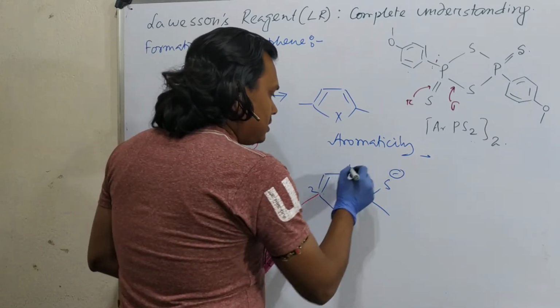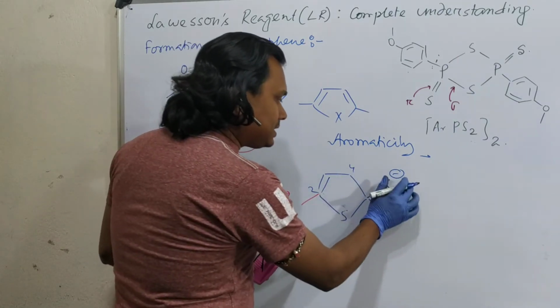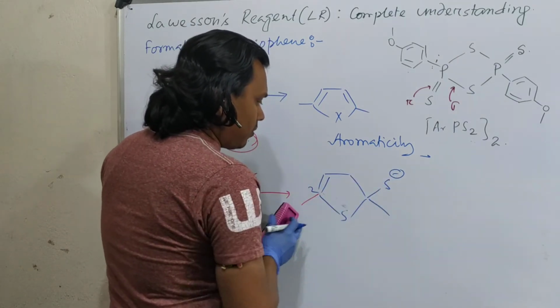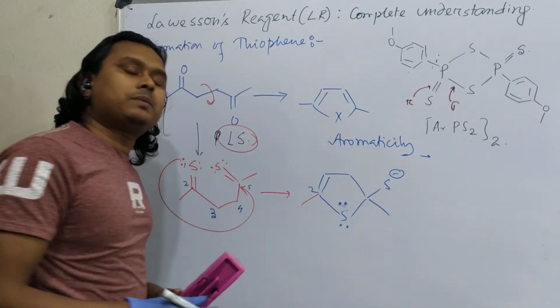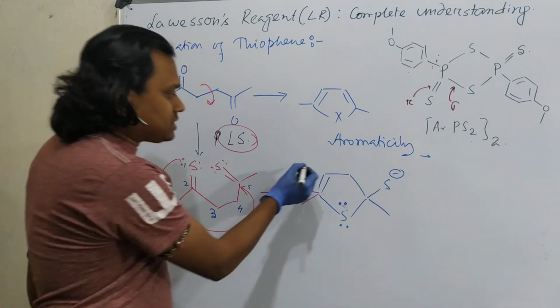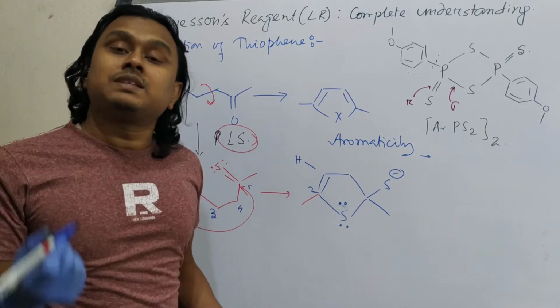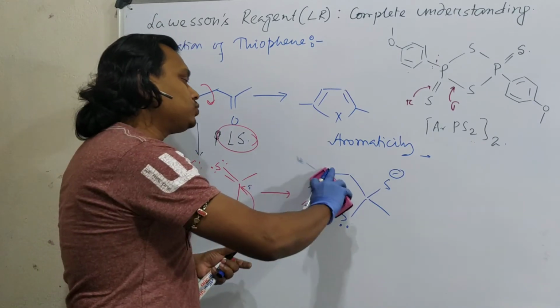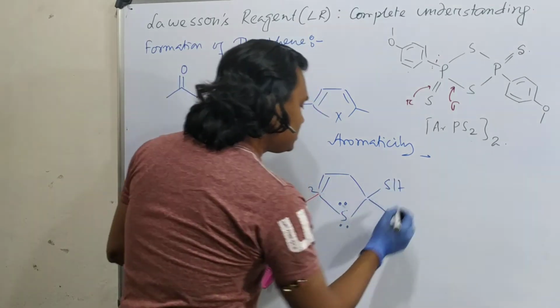Second, this is S. See, now this sulfur has a lone pair and this can also abstract a proton. Okay, what do I mean by this? Because see, there was one proton which is abstracted by whom? Some base. That base could be such kind of S minus, so it could be converted into SH.